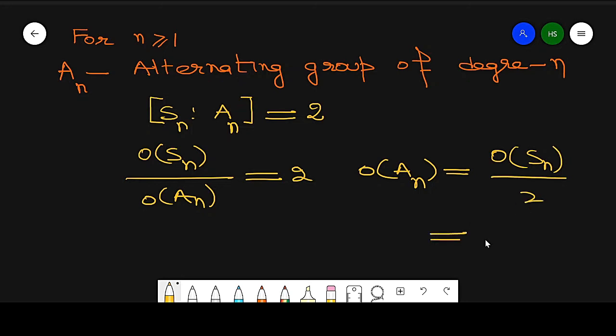So what is this? This is n factorial over 2. So the order of An is 1/2 n factorial, n factorial by 2. So this is a very important result.